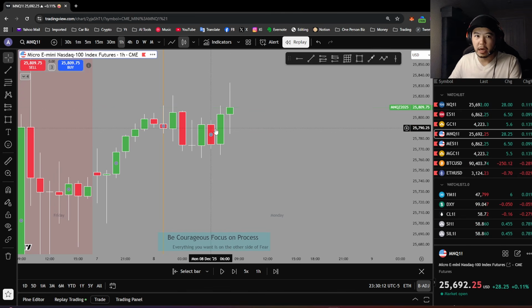They kept asking what the details are. It's pretty simple. The body of the second candle has to close above the wick of the previous candle. So I'm gonna repeat that one more time: if we are going up, the body of the second candle has to close above this previous wick.